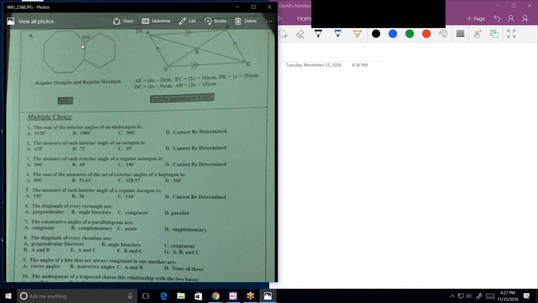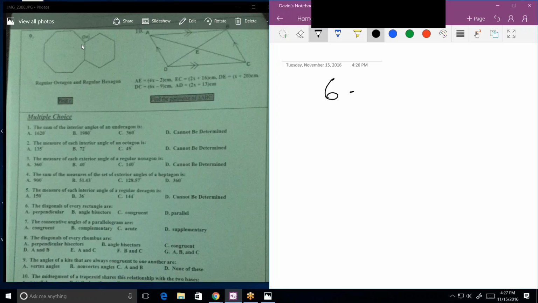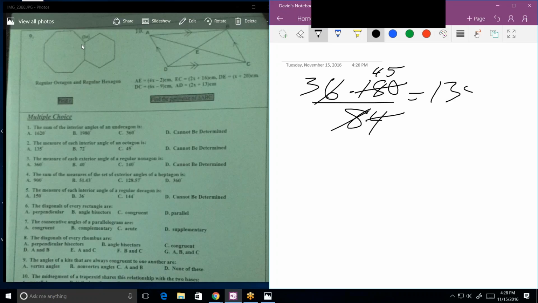That is an interior angle of the octagon. So what is that angle? I think it's 135. Didn't we just do that problem? In other words, it was 6 times 180 over 8. That's 135 degrees.